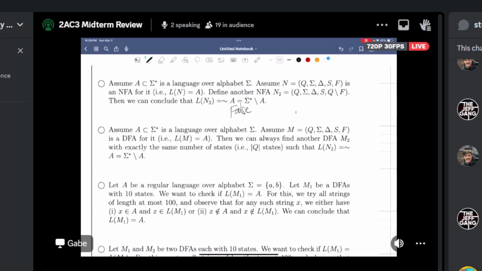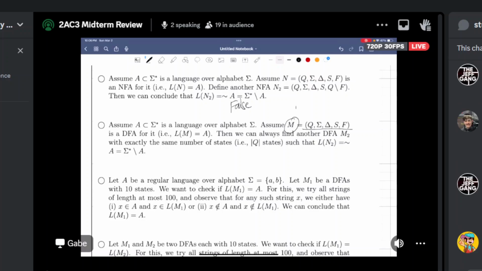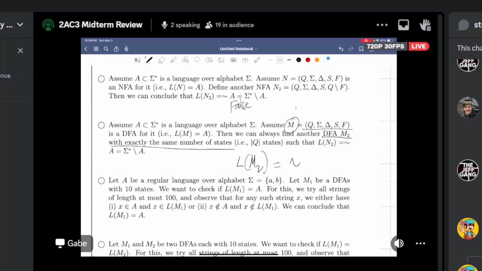This is kind of what we just touched on right now. Assuming there is a DFA M defined by this, we can always find another DFA M2 with exactly the same number of states, such that the second DFA is the complement of the first one. So L(M2) is the same as the complement of L(M1), and it has the same number of states.